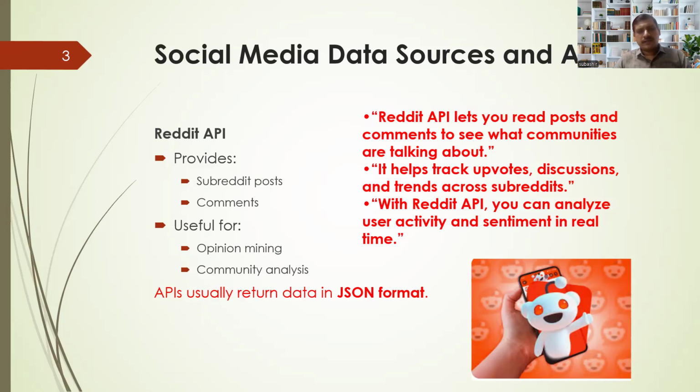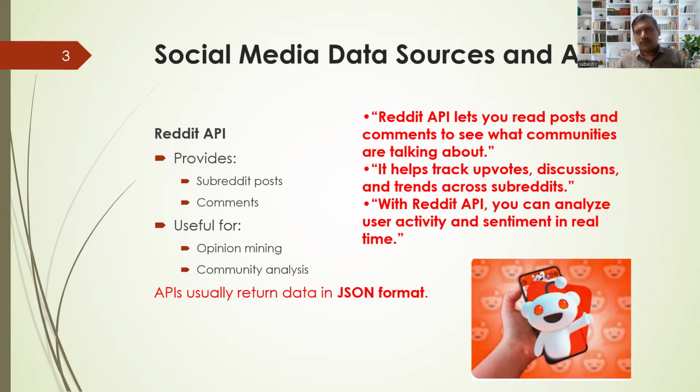Then you may have a question, sir, what about privacy? How can we see this? They are giving these APIs, because when you go to a particular platform and want to categorize the data, you want raw data, but you cannot get it directly by opening the social media platform and collecting it. So to collect the data, it is publicly available data.